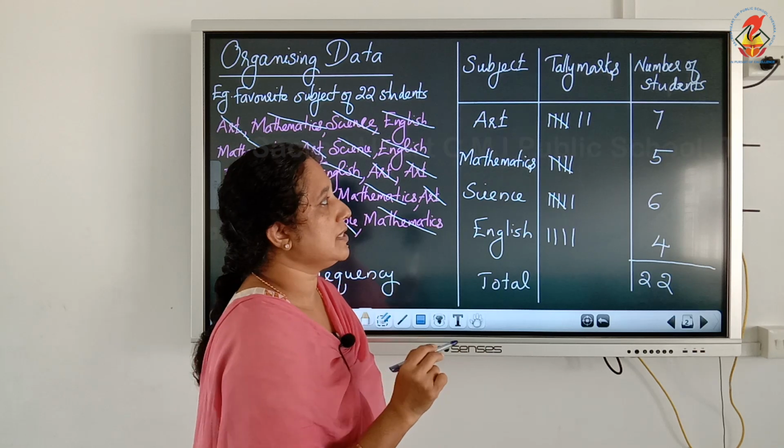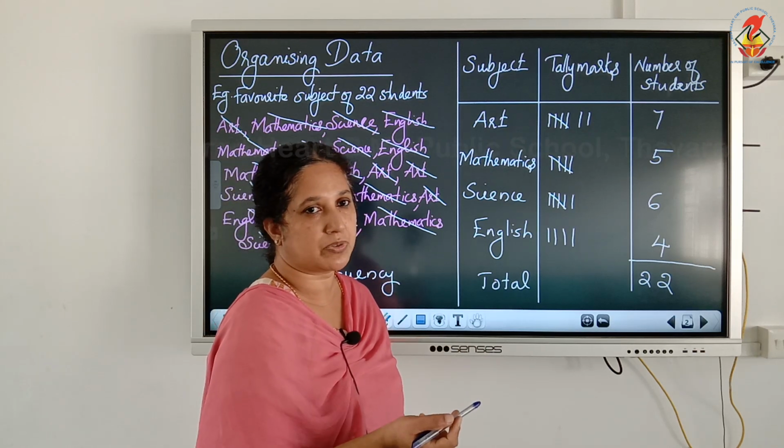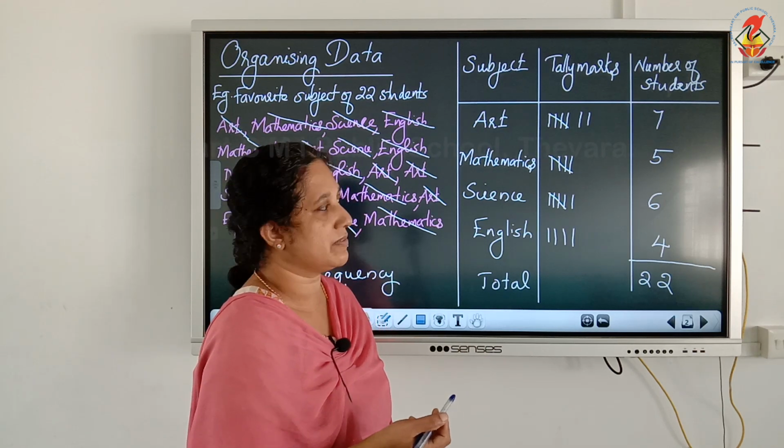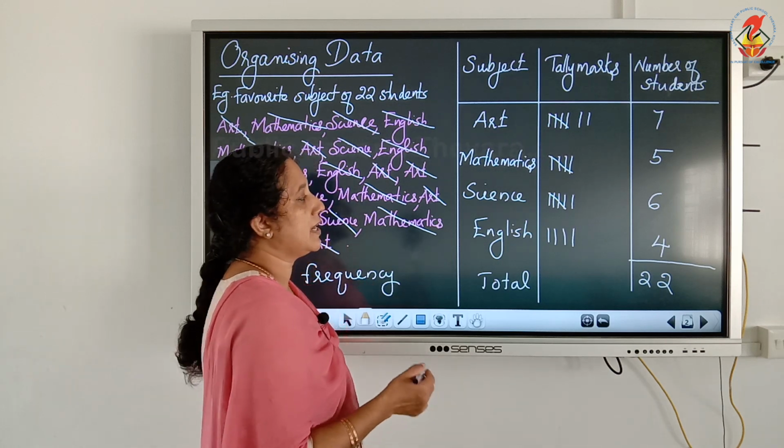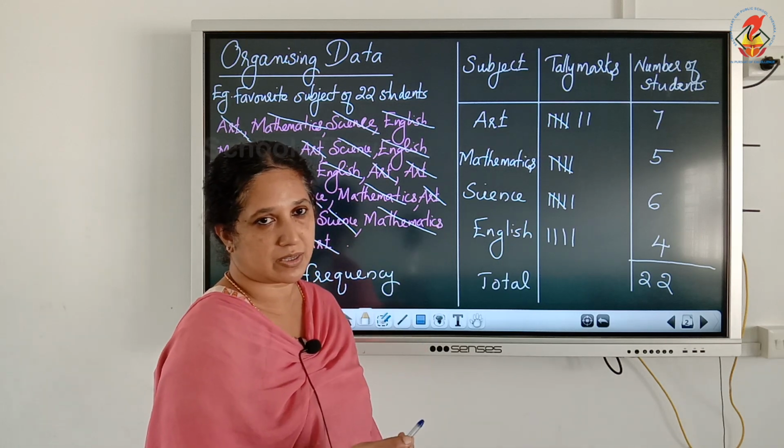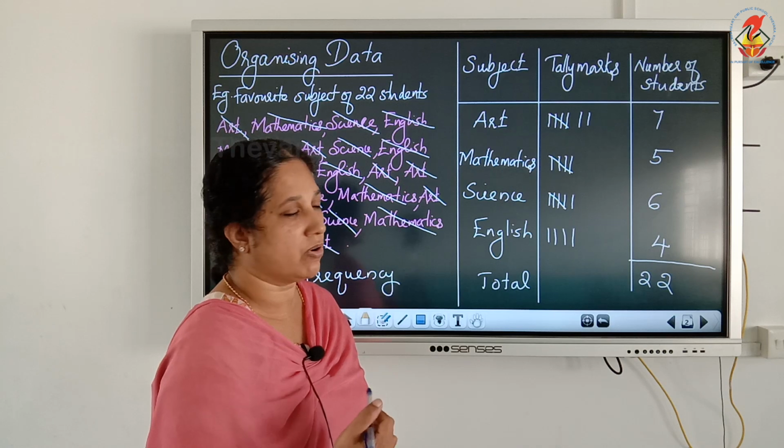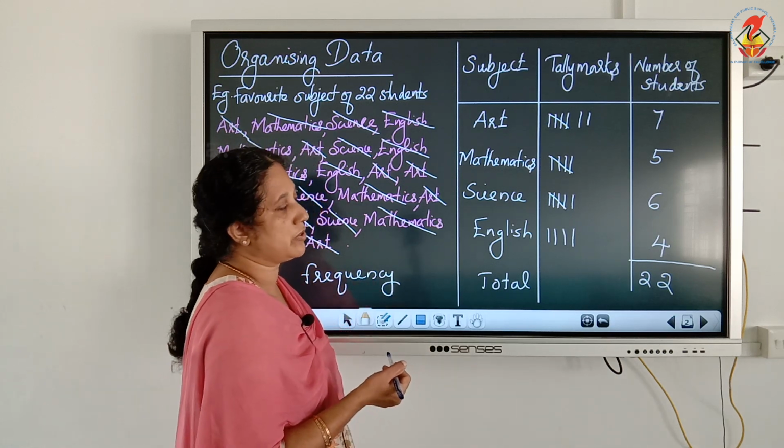Instead of number of students we can write it as frequency. Frequency means how many times a particular entry or a particular observation occurs. That is known as the frequency.